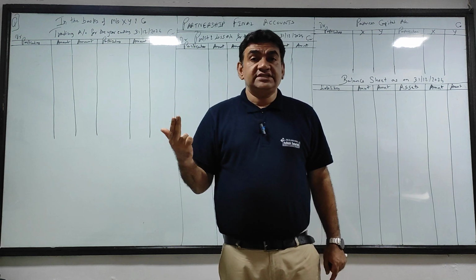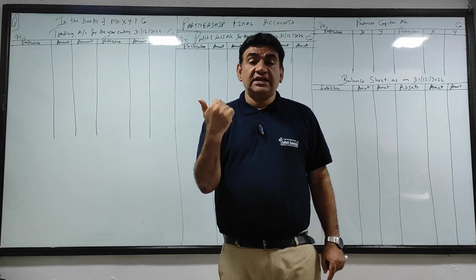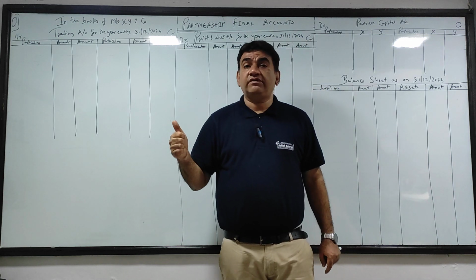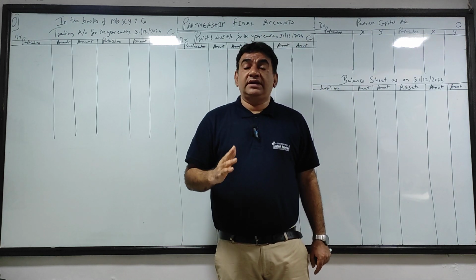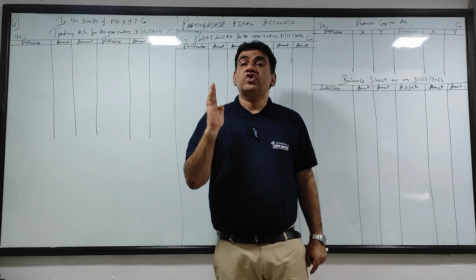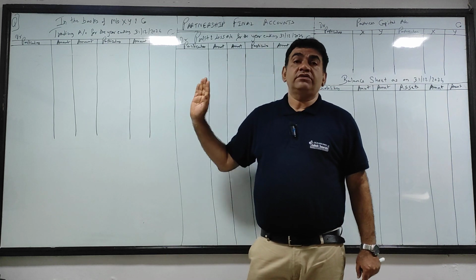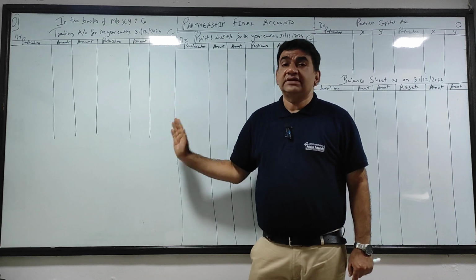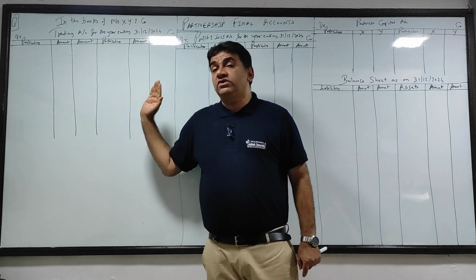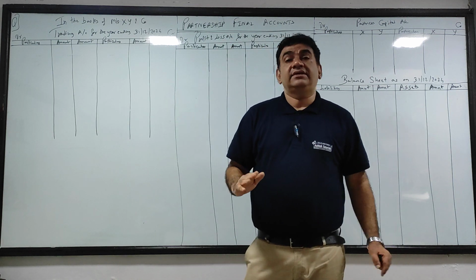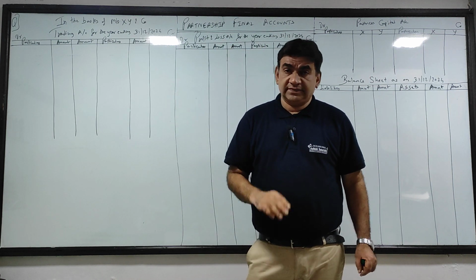You will have done in SYJC, as far as the final account is concerned, two types of profit: gross profit and net profit. Gross profit is also called as direct profit. So the main motive of preparing trading account is to find out the gross profit, or, which is very rare but it can happen, to know the gross loss.